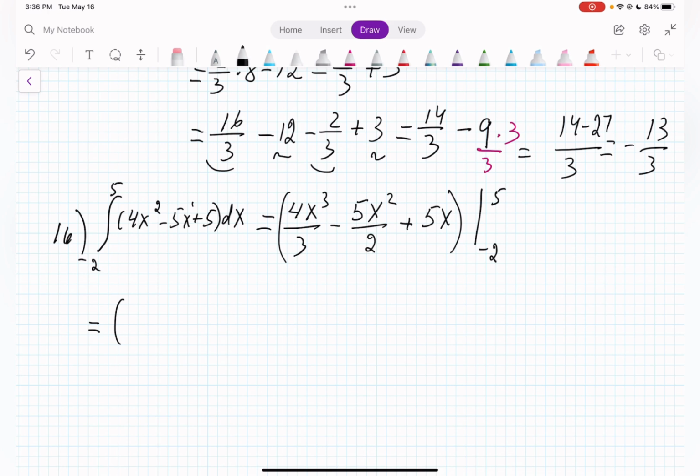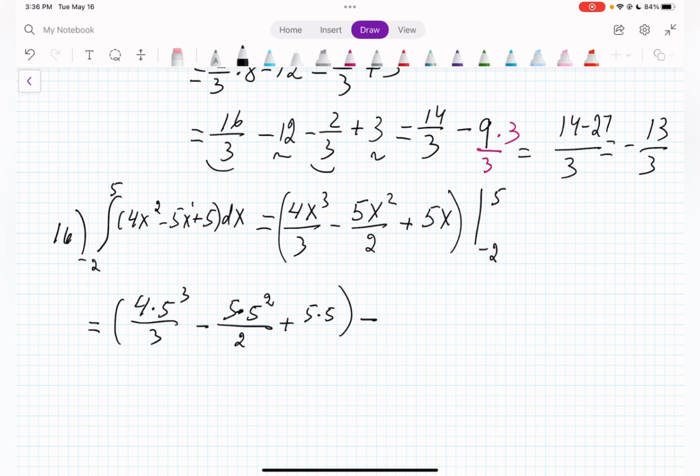I don't like to do it piece by piece, so I'm just going to plug everything in together. So first I'm plugging in 5: 4 times 5 cubed over 3 minus 5 times 5 squared over 2 plus 5 times 5.